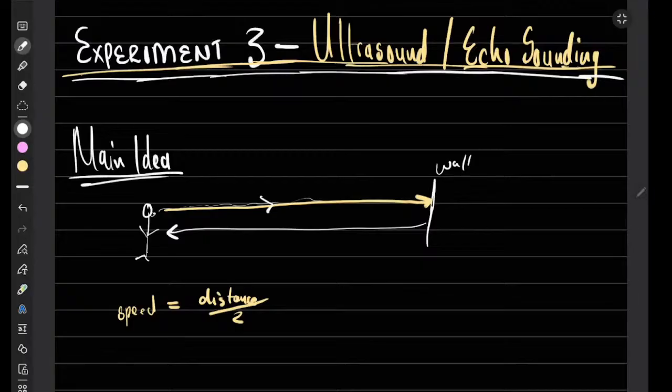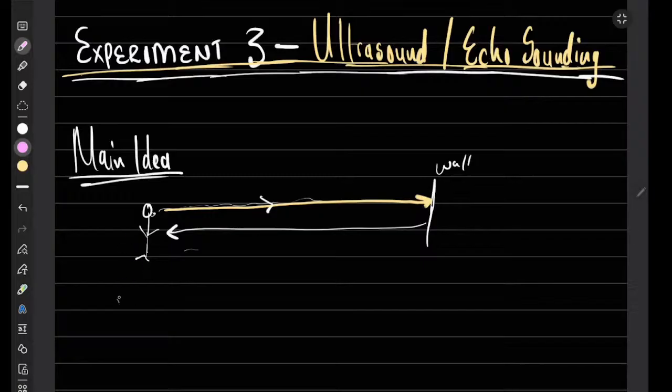It has traveled two distances. This is a very, very important concept about echoes. Echoes is something that a lot of you get wrong. Remember, usually they want you to find the distance, not the speed.